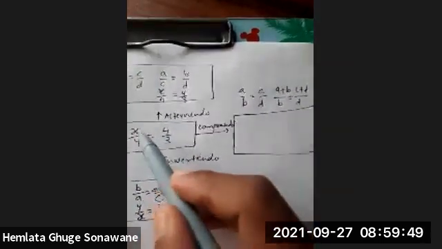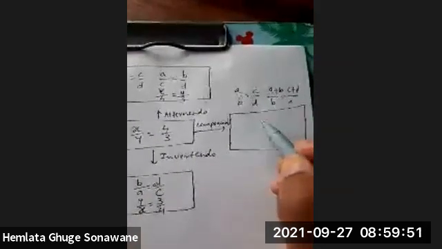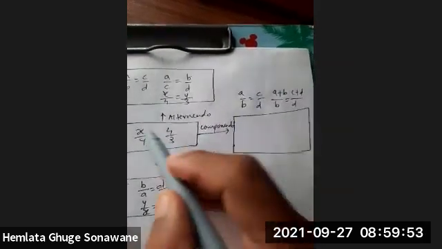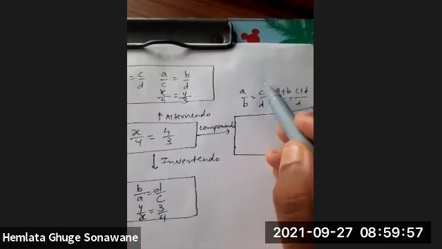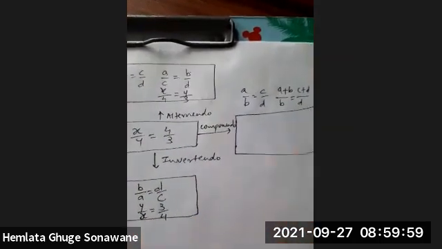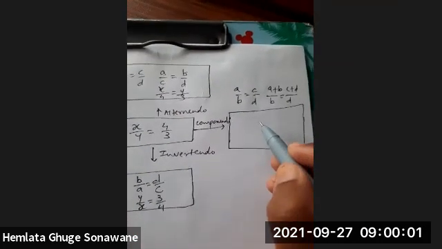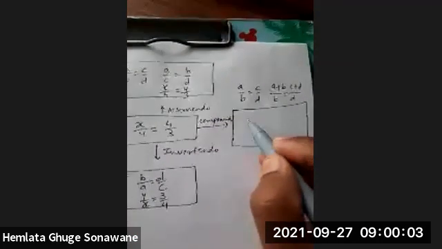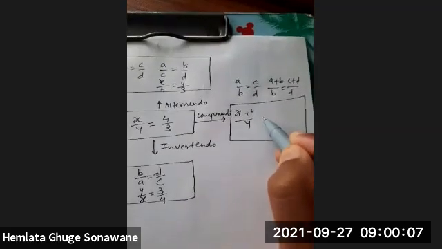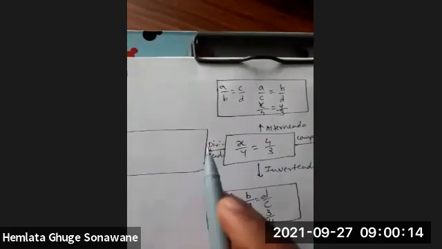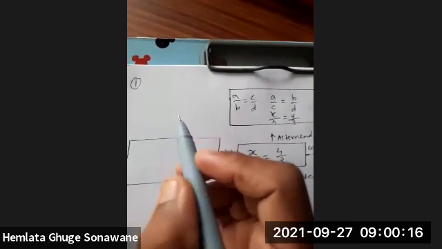Here x is A, y is B, 4 is C and 3 is D. Yes, x plus y upon y, very good. 4 plus 3 upon 3. Very good.